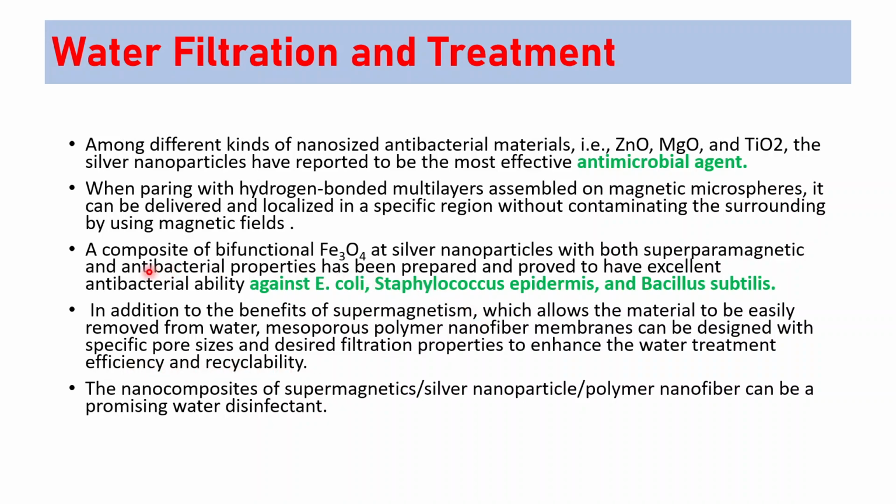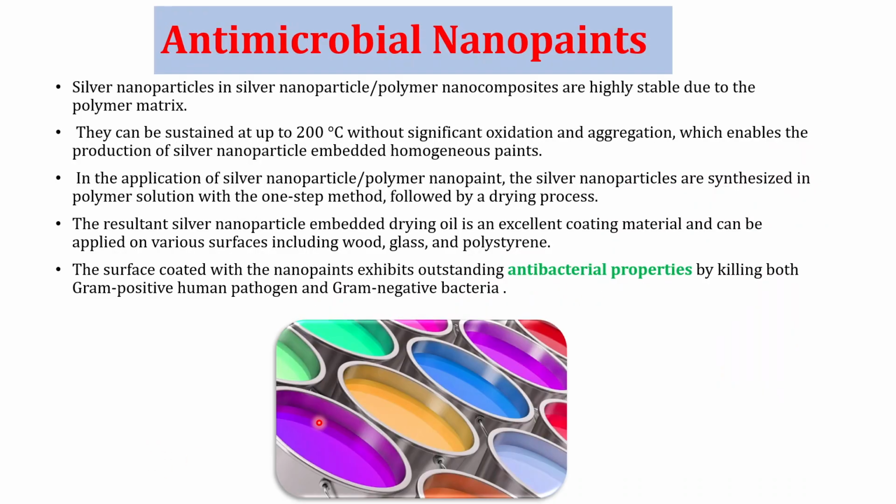With the antibacterial property, these bacteria can be removed, and because of this superparamagnetism, the composite can be removed from the wastewater treatment. That is one of the major important things. The nanocomposites of superparamagnets, silver nanoparticles, or polymer nanofibers can be a promising water disinfectant.